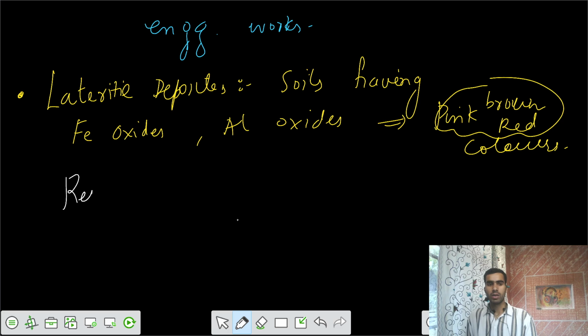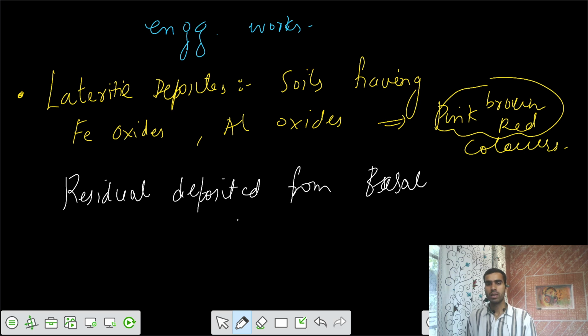They are also residual deposits formed from basalt rock, but they have these oxides present in them. Because of that, we have this red brown color.